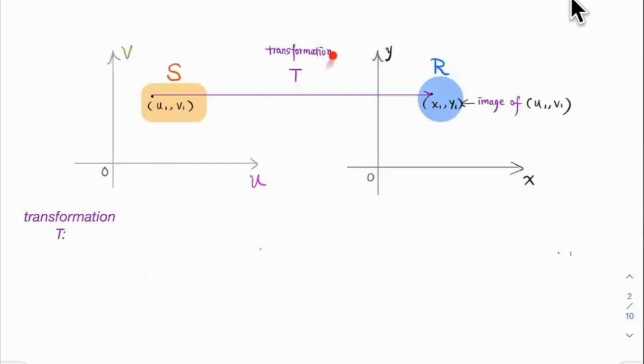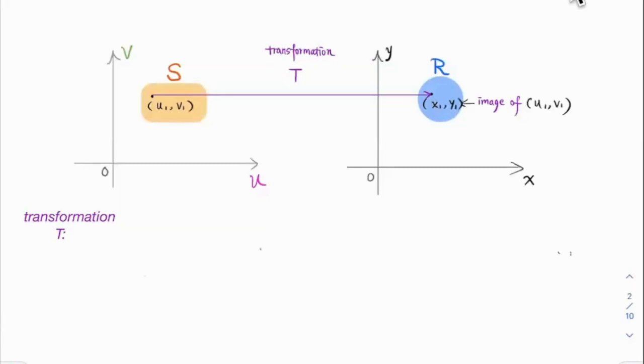A transformation T is just a function that maps a region S on the uv plane to a region R on the xy plane, where R and S are both subsets of R2.